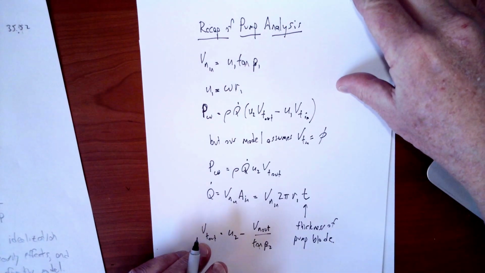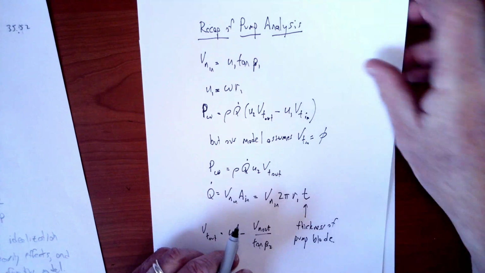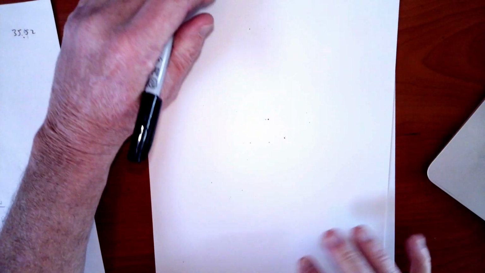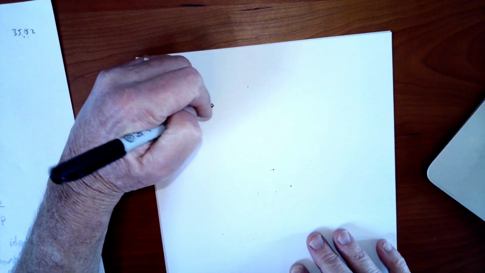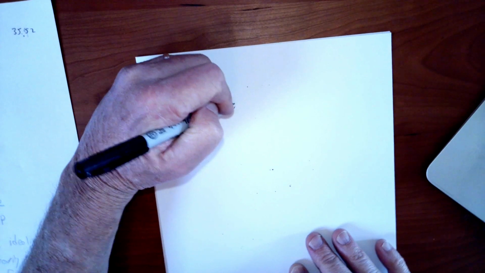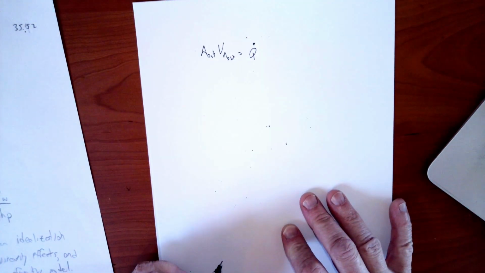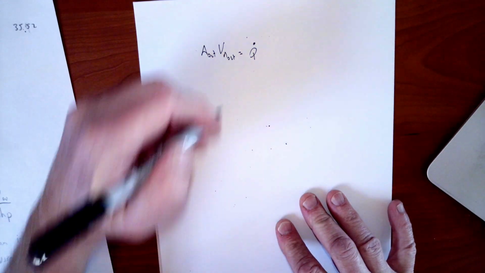In order to find Vn out, we use conservation of mass, which basically insists that the volumetric flow rates be equal. So we know that the area of the outlet surface times the Vn at the outlet has to equal our volumetric flow rate. And the volumetric flow rate has to remain constant from inlet to outlet.